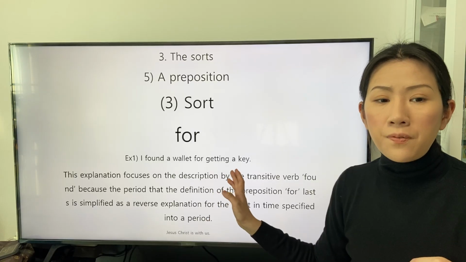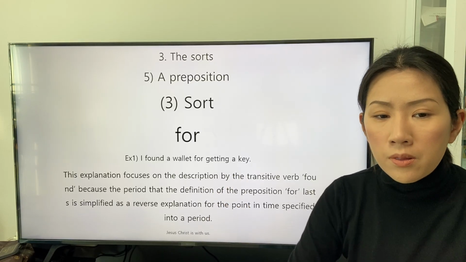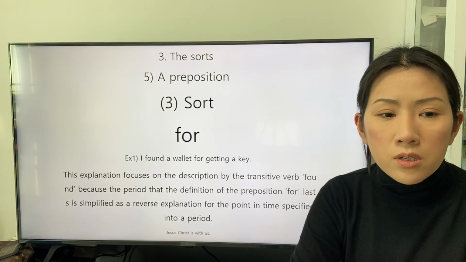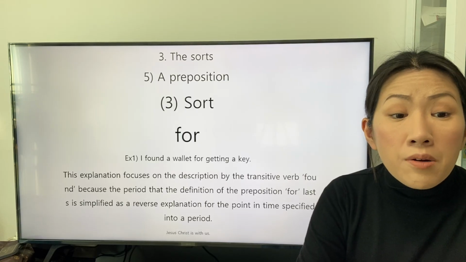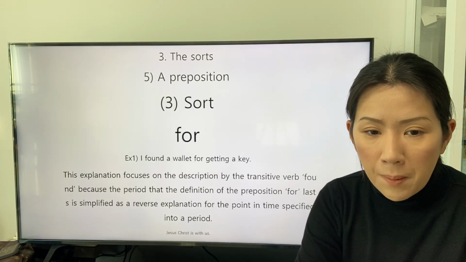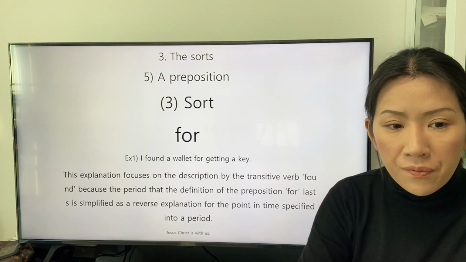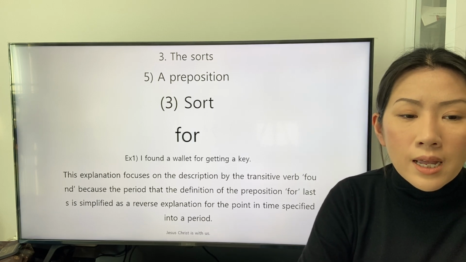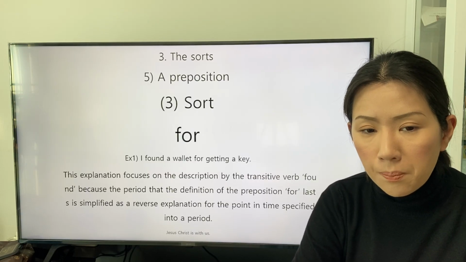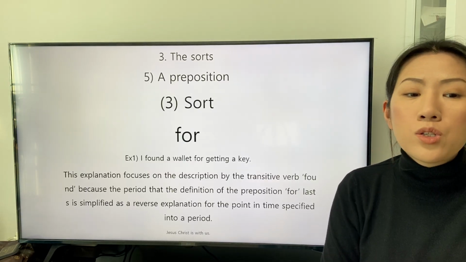This explanation focuses on the description by the transitive verb found because the period that the definition of the preposition for lasts is simplified as a reverse explanation for the point in time specified into a period.